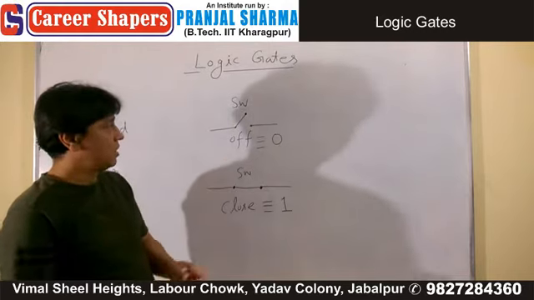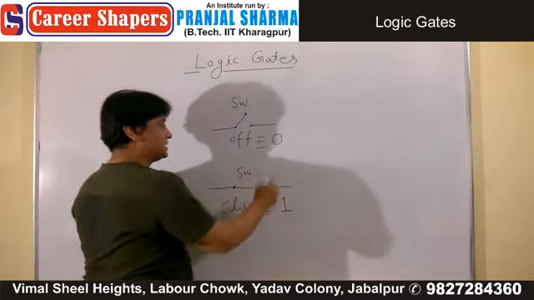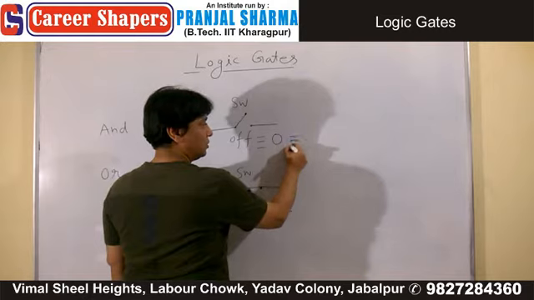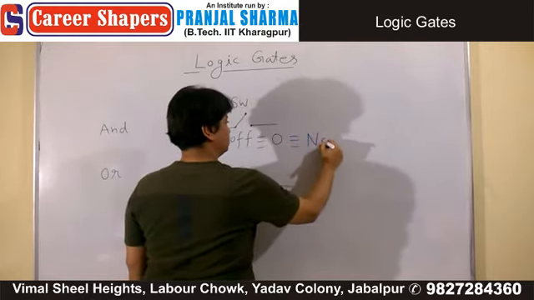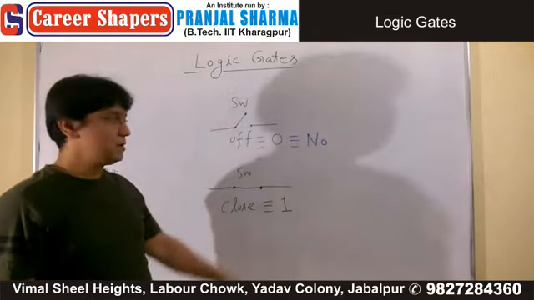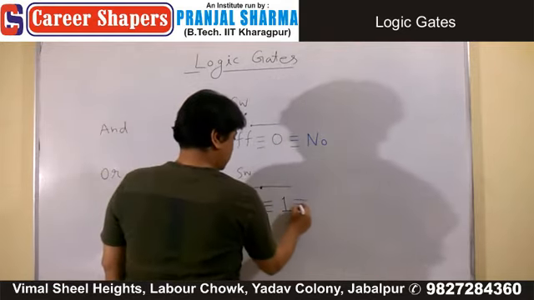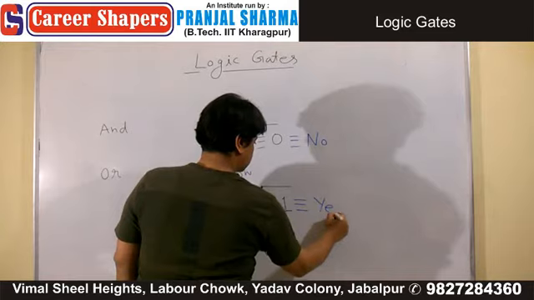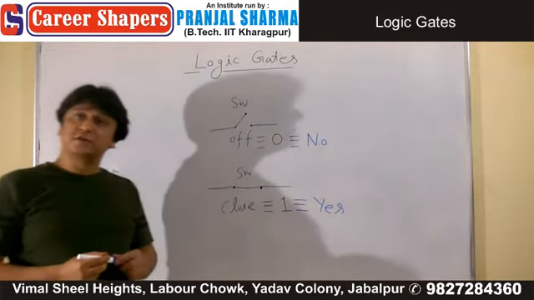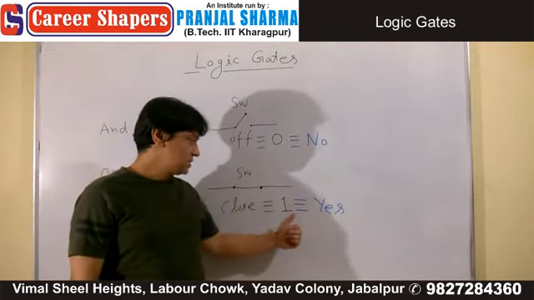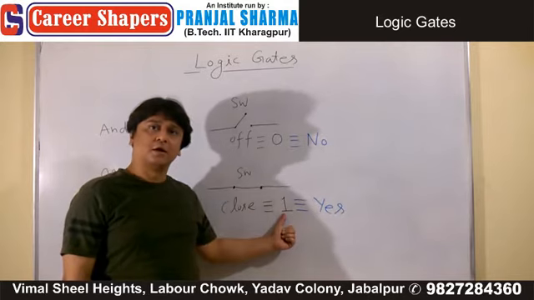Off is equivalent to no. No current, 0. Yes, there is a current in the circuit. Yes stands for 1.